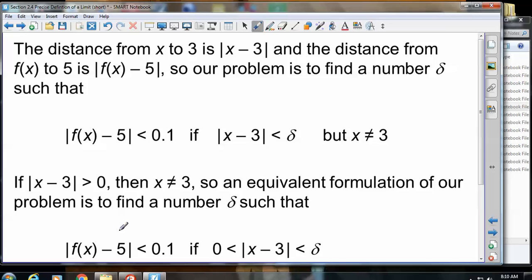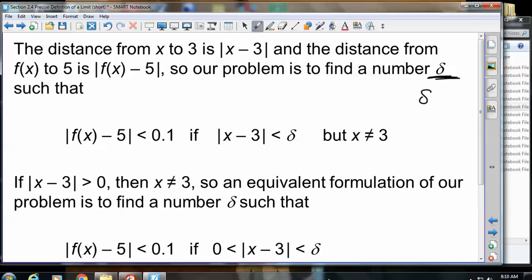Alright, so our problem is to find a number delta. Okay, we're going to throw in some new variables here. So delta is just a variable. Really the only time we use deltas will be right here.